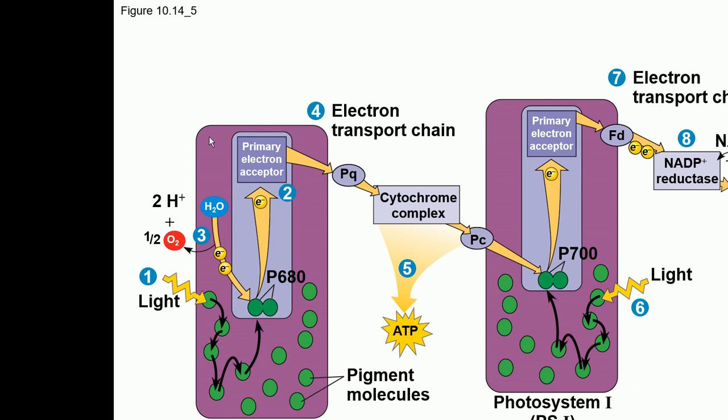As a result, when these electrons are accepted by the primary electron acceptor, this P680 chlorophyll A molecule becomes oxidized.